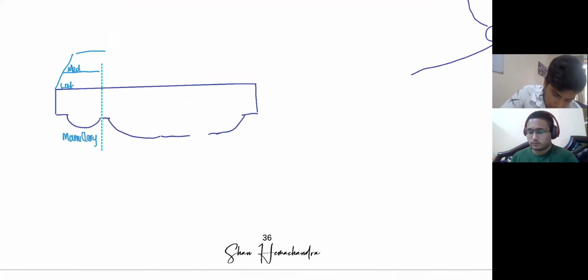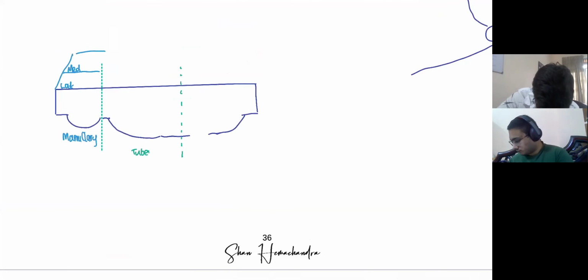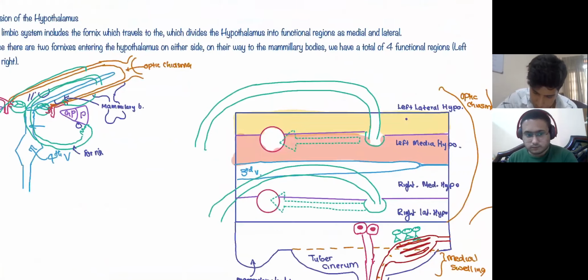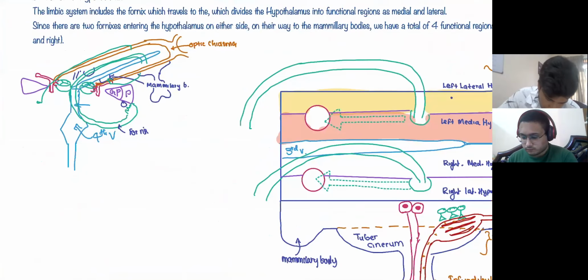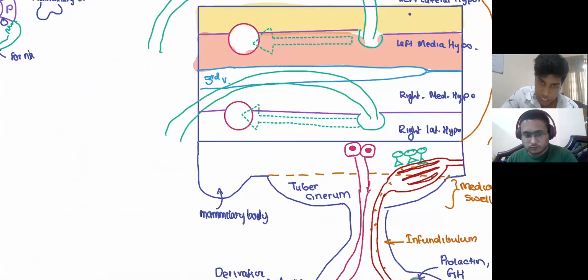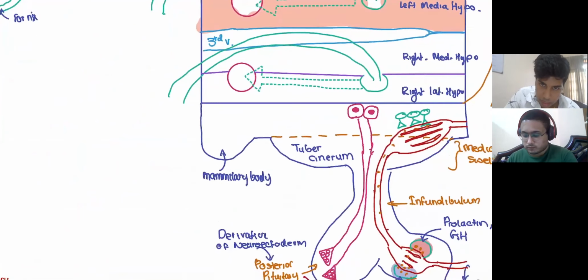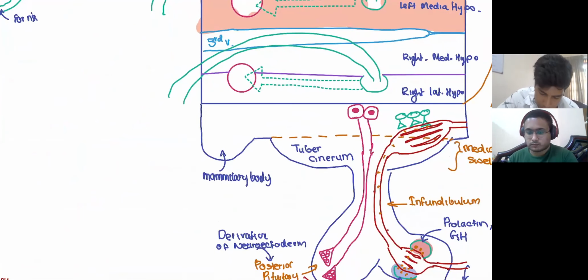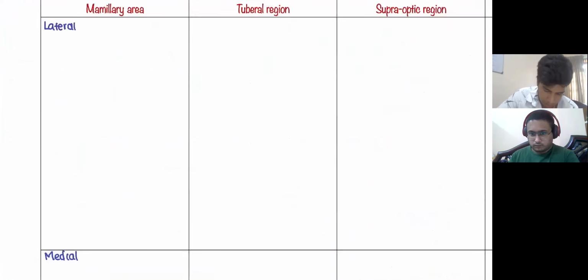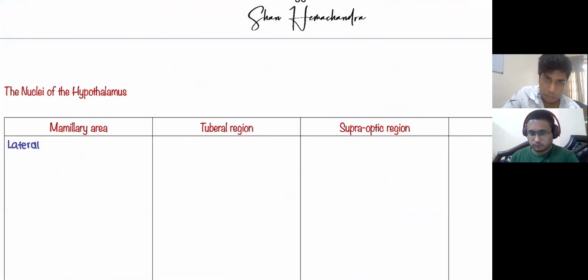Then we have the tuberous area, part of the tuber cinerum. The nuclei from that area, I will draw them here.